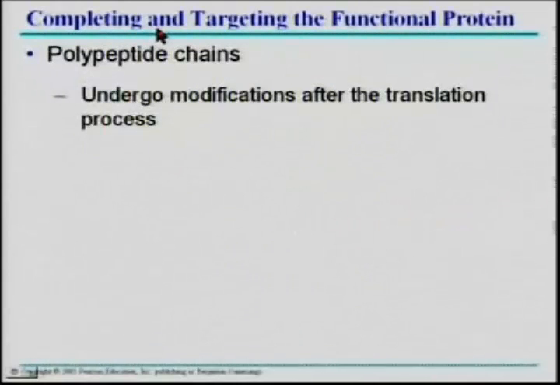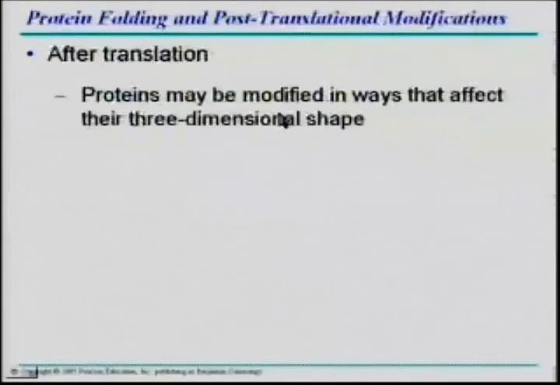So completing and targeting the functional protein, the polypeptide chains undergo modifications after the translation process. So I use the term post-translational processing, and the protein folding and post-translational modifications are what will occur.